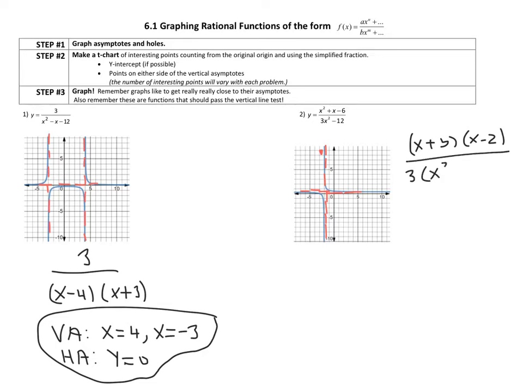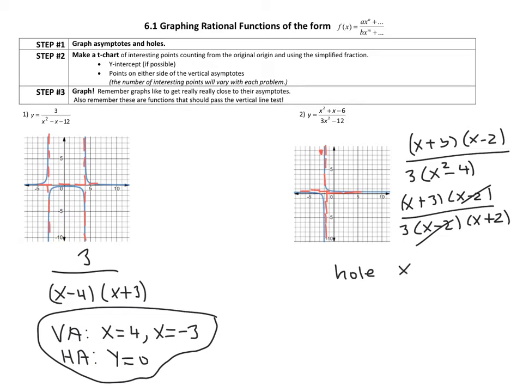This is x squared minus 4, so (x plus 3)(x minus 2), dividing by 3(x minus 2)(x plus 2). So that means there is a hole. There is a hole at x equals 2.